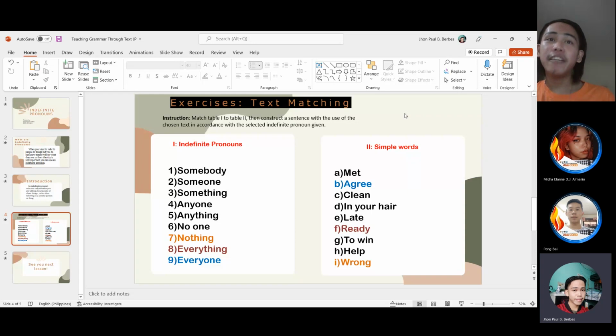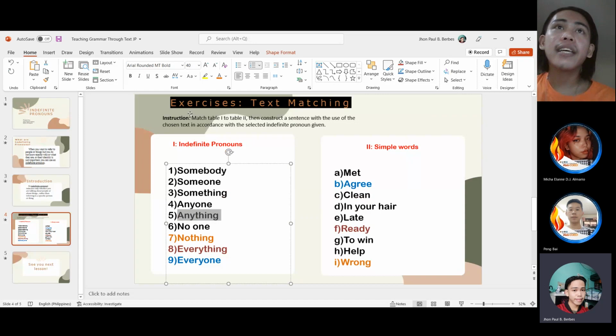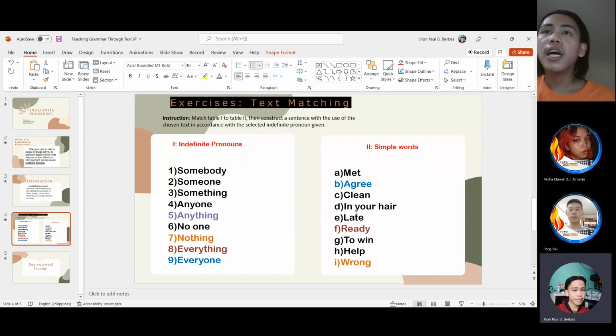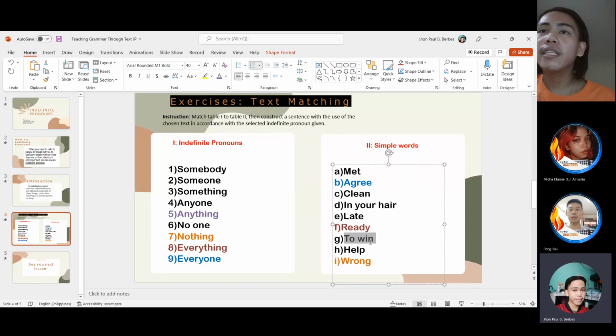So in contrast with everything, nothing is means that there is no possible object or thing. And finally, his sentence is "He will do anything to win the game." So he chooses anything. I will just highlight it. And to win, a simple word or an infinitive.